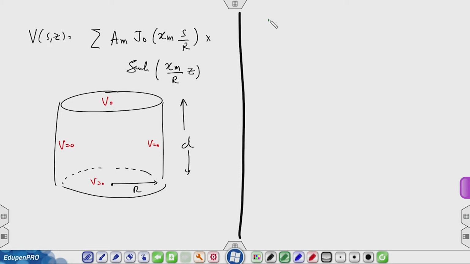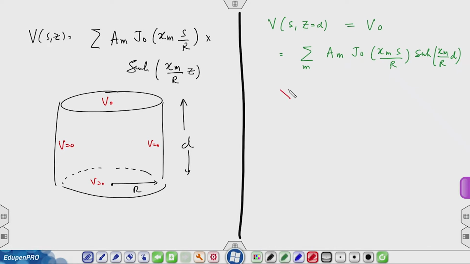So, I have V at any s, z equals d equals V 0, which should be equal to summation A m J0 x m s over r sine hyperbolic x m over r d.